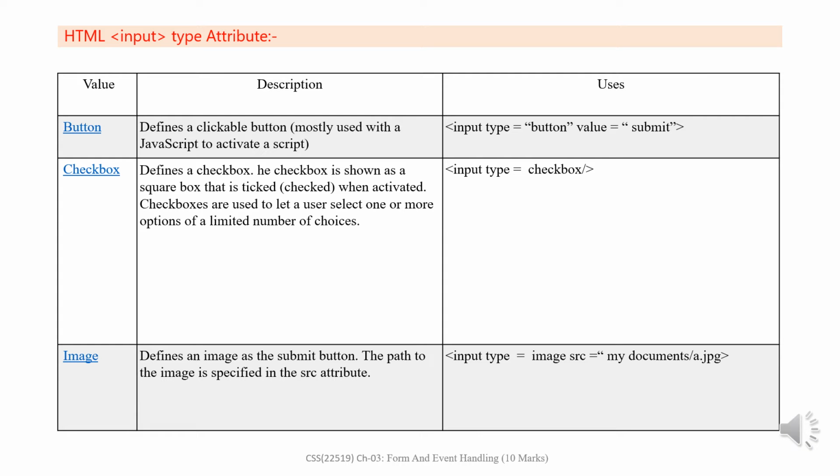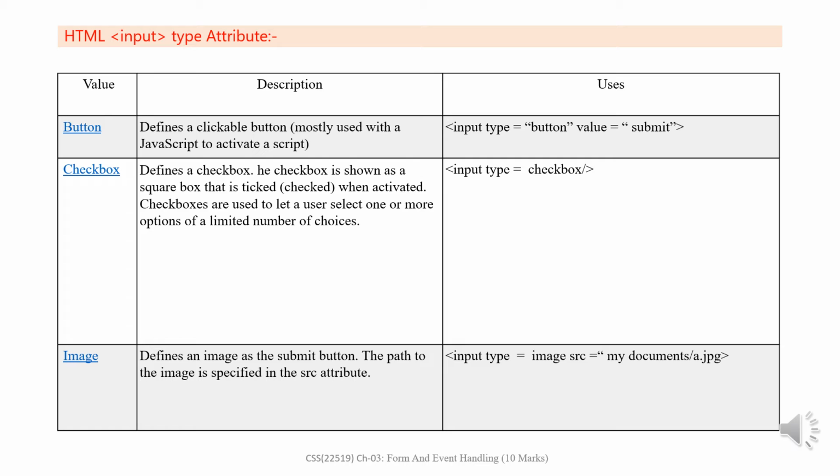Now we will see some HTML input type attributes again. This is the table with the value, description and uses for that particular input tag type. First is button. A button defines a clickable button, mostly used with JavaScript to activate a script.